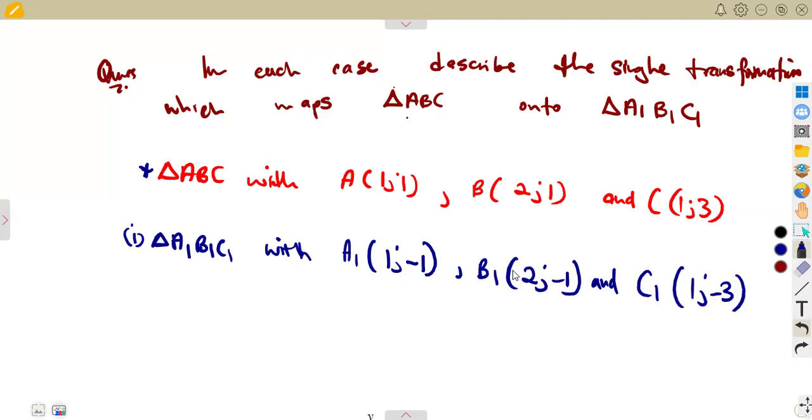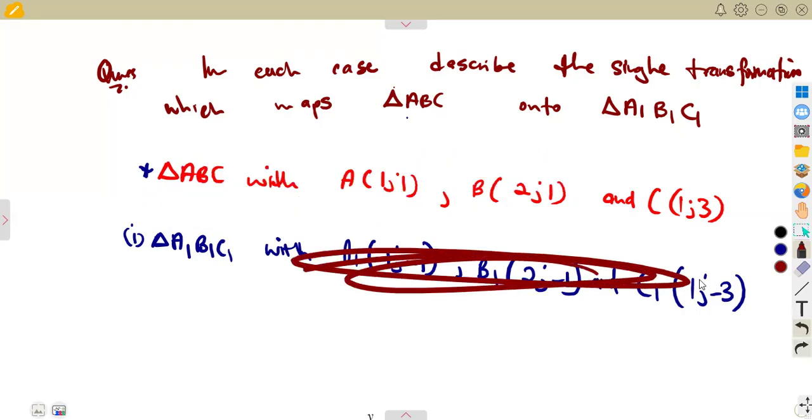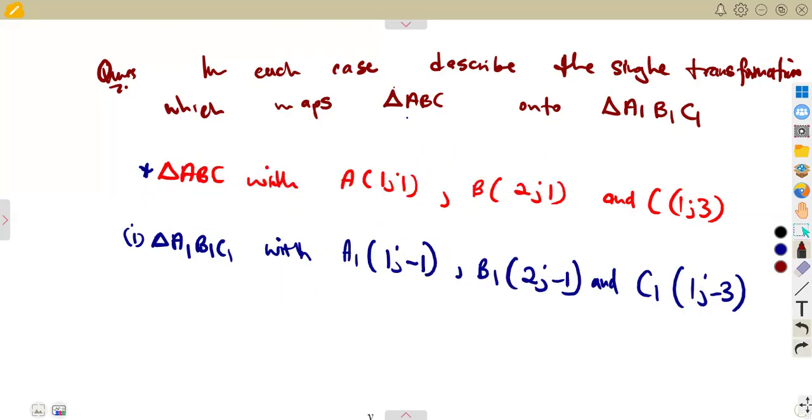Let's say this is what we are given. We're going to move on to another question, but we're going to just use the same object. So I've got two triangles, and I need to describe the transformation that will map this triangle to this triangle.